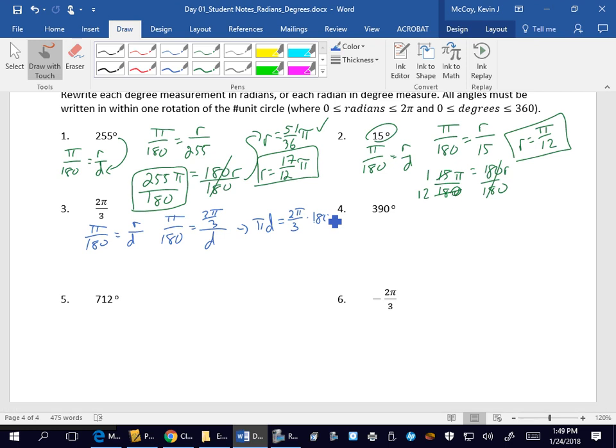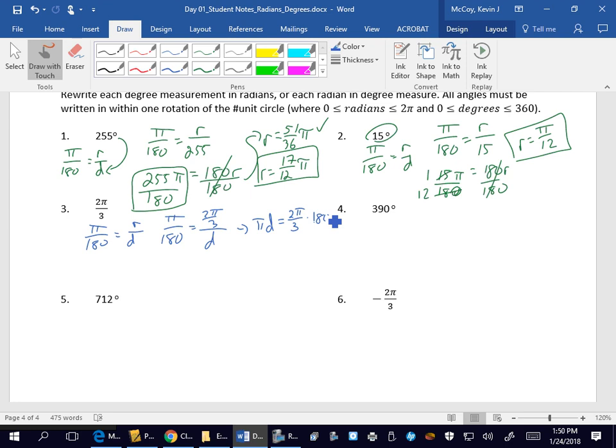So you have to be able to multiply 2/3 times 180. Well, you could multiply 2 times 180 and then divide it by 3, or you could divide the 180 by 3 first and then multiply it by 2. It doesn't matter. Order of multiplication and division is commutative. As long as you do it in the proper manner, it's fine.